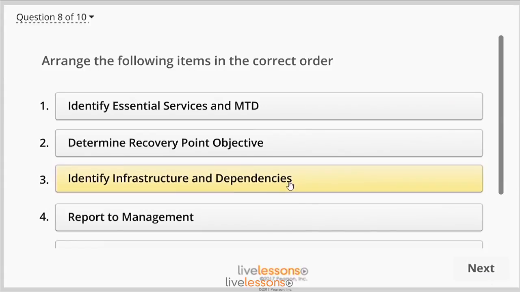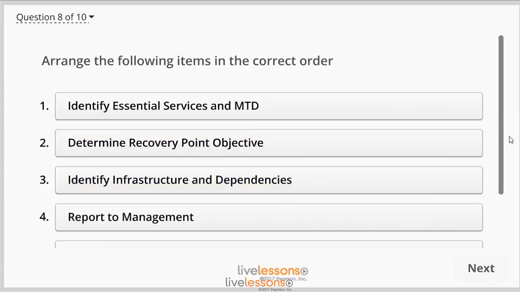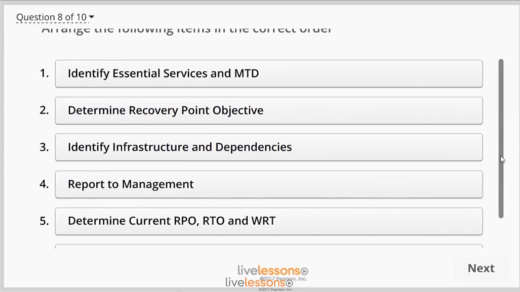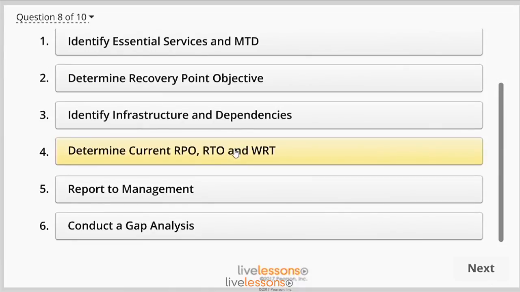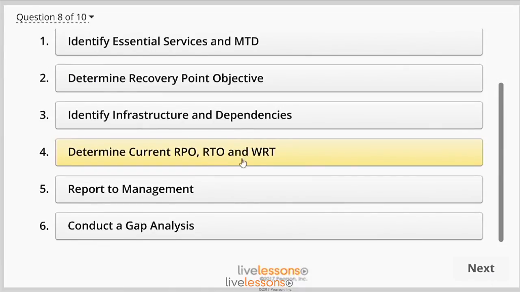We then needed to identify our infrastructure and dependencies, so I'm dragging that into number 3. Then we're going to say, well, okay, that's what we need. What do we really have, though? That's where we're going to determine the current RPO, the RTO, and WRT, right? The current recovery point objective, recovery time objective, and work recovery time.